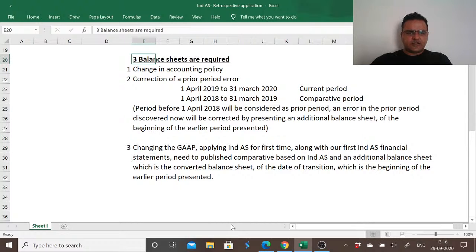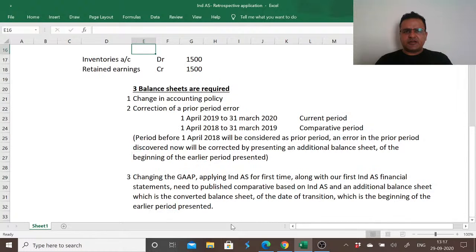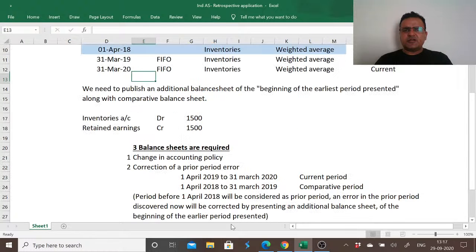So three balance sheets are required whenever there is a change in accounting policy, whenever we are correcting a prior period error, whenever we are changing the GAAP for the first time. In that year there is the current year balance sheet, comparative, and beginning of the earliest period presented. It's also known as beginning of the preceding year, the most recent comparative period financial statements published.